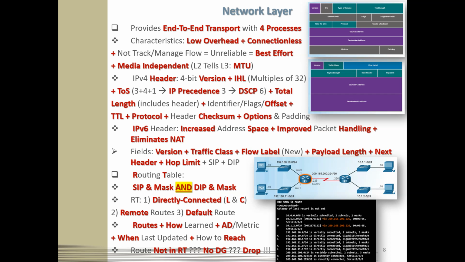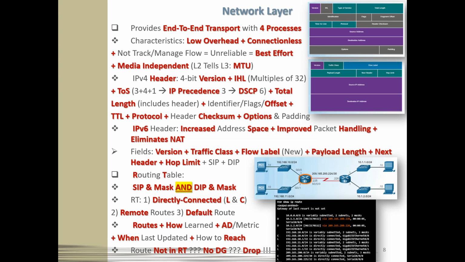Remember, the lower the number, the more trustworthy it is. So in this case, with EIGRP, we have an administrative distance of 90, and 90 is the administrative distance for the corresponding network 10.1.2.0/24 because we have learned it through EIGRP.